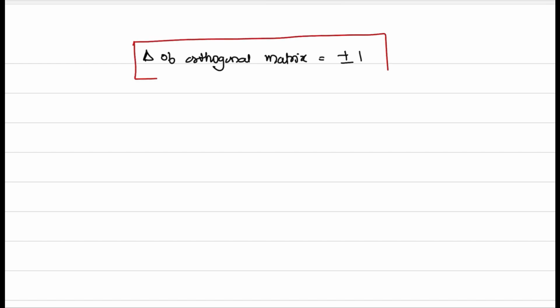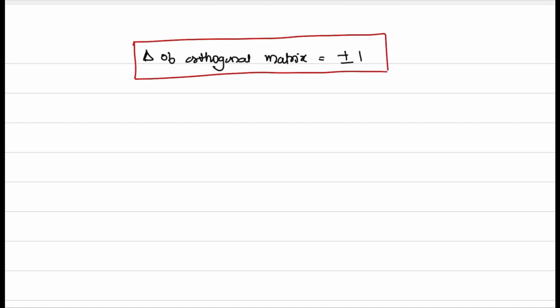Please remember this: an orthogonal matrix into the transpose of the orthogonal matrix is equal to the unit matrix. The determinant of an orthogonal matrix is equal to plus or minus 1. It's also a very, very important point to be remembered, that you please cross check.